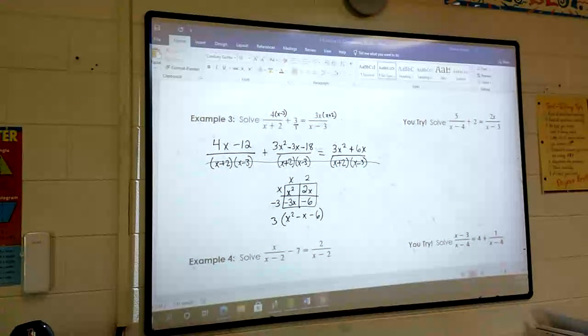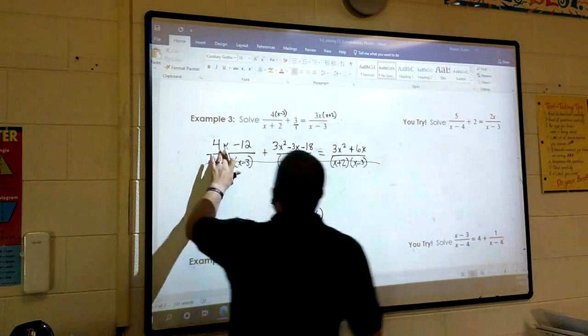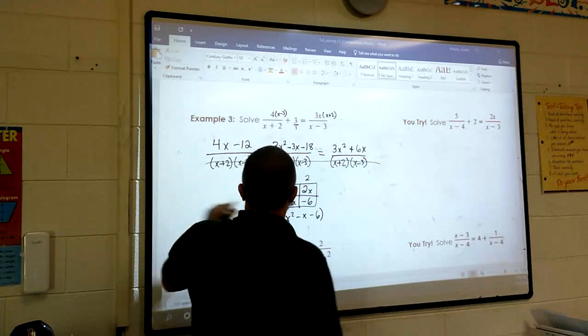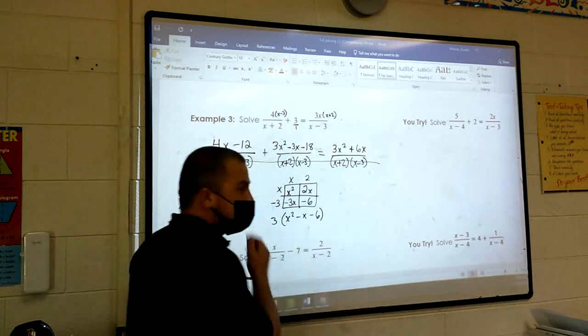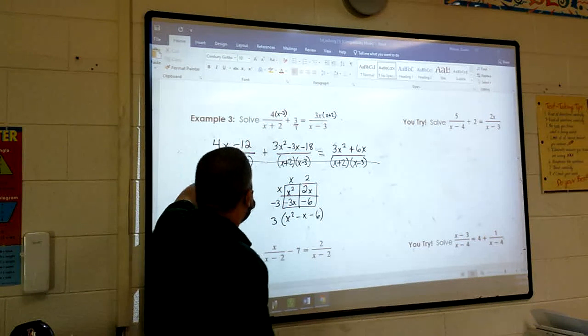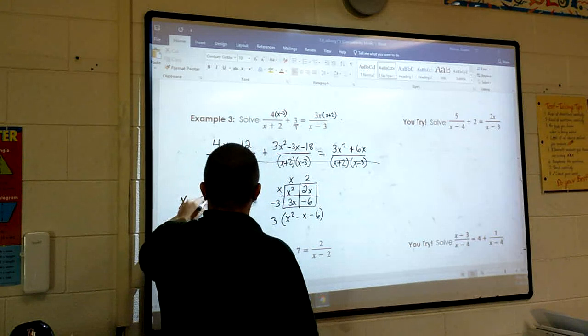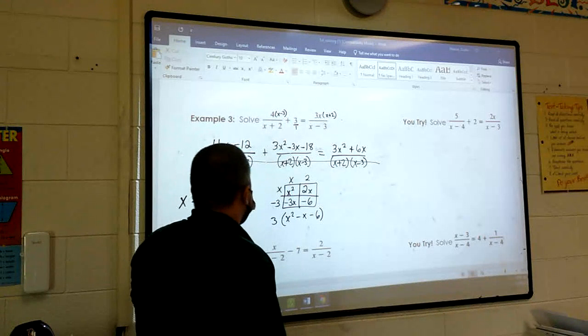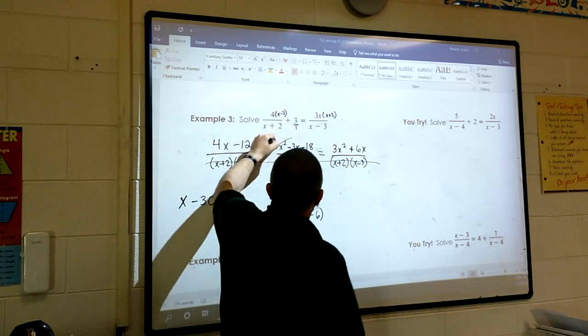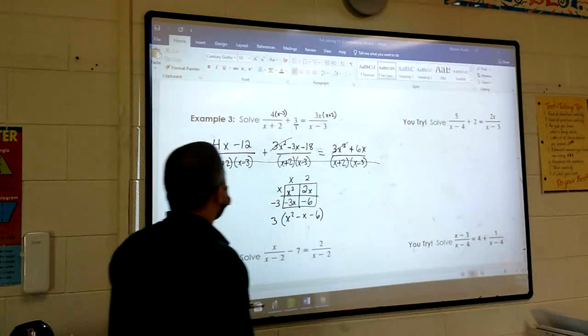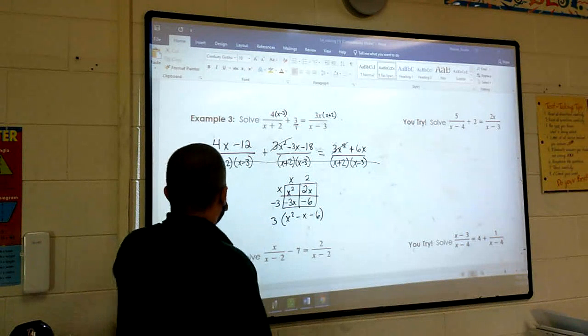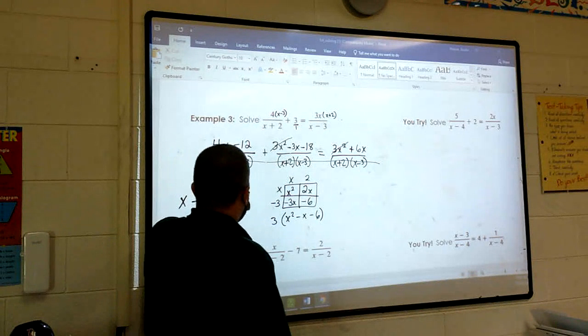So it goes away. So that's good. But let's simplify what we can first. 4x plus negative 3x gives us 1x. Negative 12 and negative 18 gives us negative 30. The 3x squares are going to go away. So that's good. And that equals 6x.